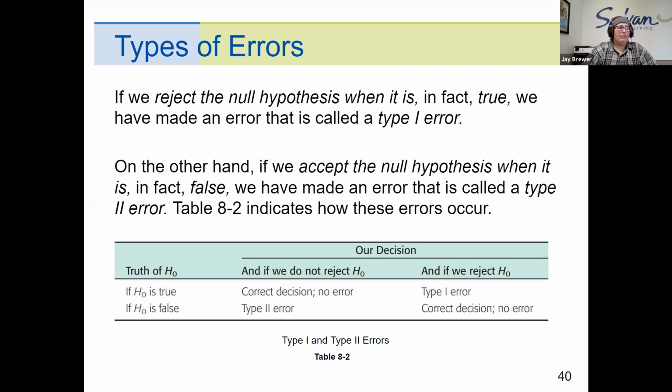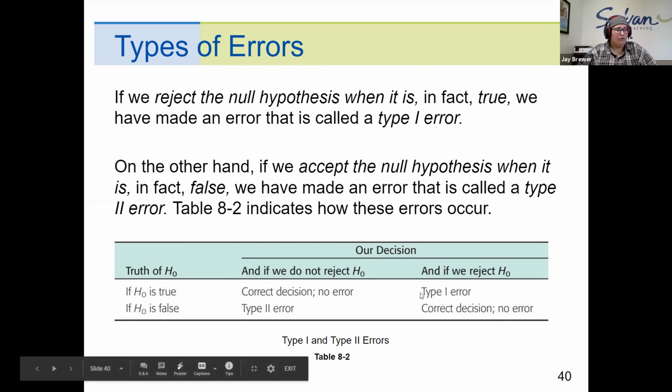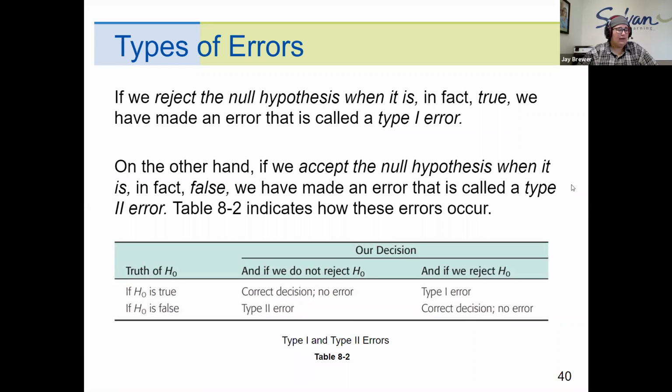I have no idea. But the type 1 and type 2 errors always gave me trouble. Maybe it has something to do with my dyslexia. I don't know. But these were very hard for me to understand. So if you guys can get them better than I did, that is fantastic, and I will be so happy and thrilled to see that you were successful in that. Okay.